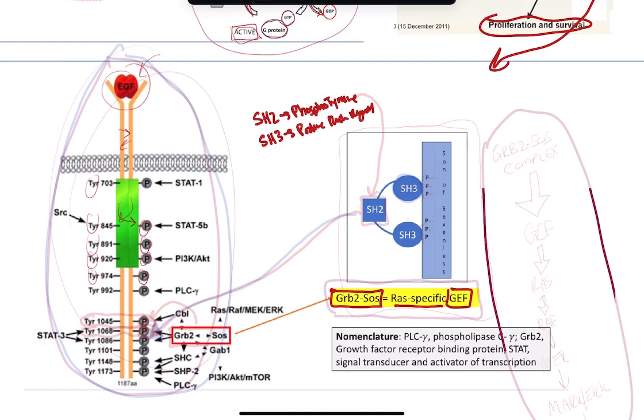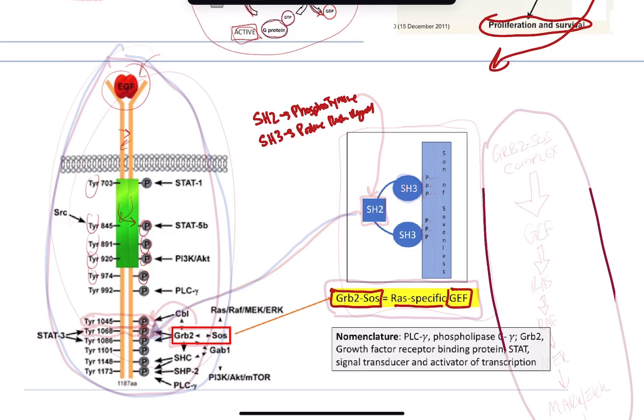SOS standing for son of sevenless. There was a whole study on the flies, and it's just where they got the name. This complex is going to function as the guanine nucleotide exchange factor.